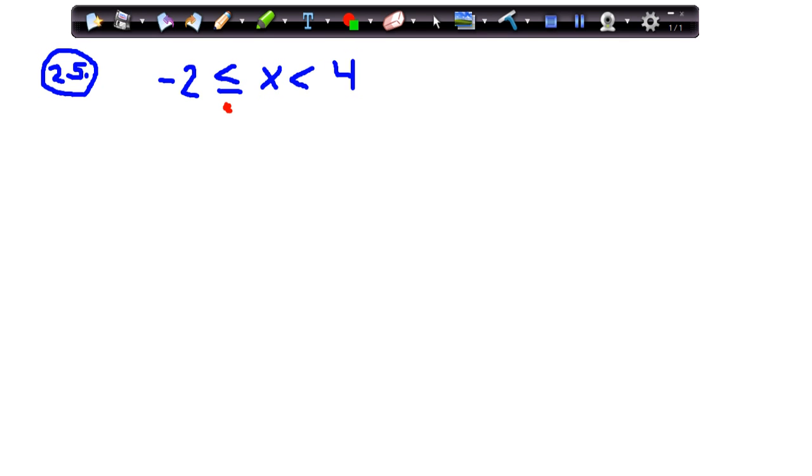If you look at B, we can eliminate B because B does not have a -2 with a closed dot. And we know -2 is included because it says less than or what? Equal to. So -2 is equal to -2. So you have to have a closed dot. Okay, so let's eliminate B.